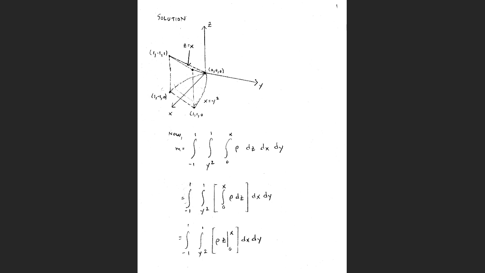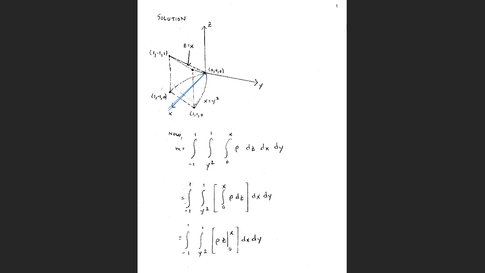Here's the x-axis right here. And the solid balances, it's of constant density. So the solid would balance perfectly about the xz plane.